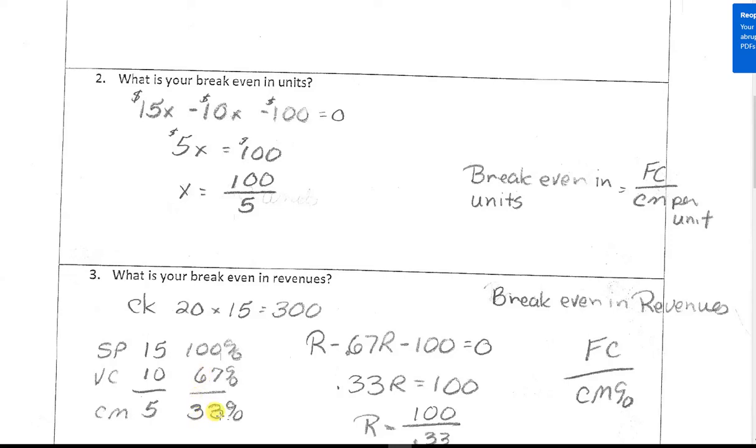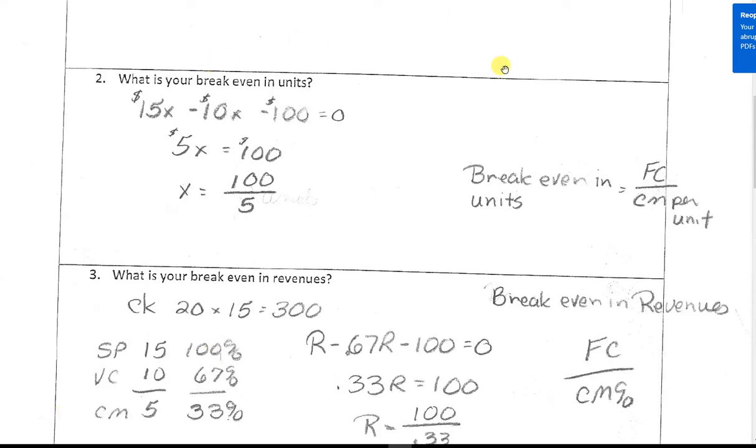So 33 cents of that soda contributes towards covering fixed costs and profit. And so this, with the percentages, I can change this to what if this were $1 instead of $15. So again, $5 of every sale contributes towards covering fixed costs. 33 cents of every dollar goes towards covering fixed costs.